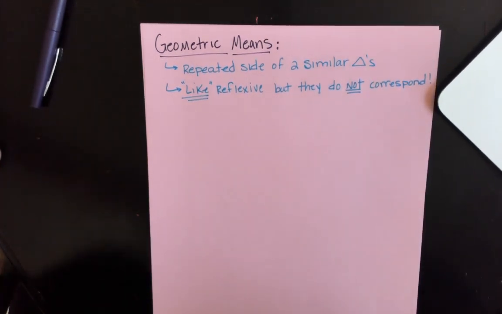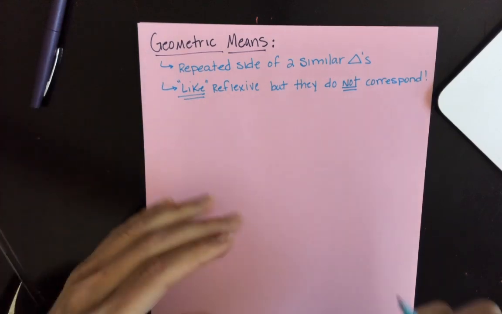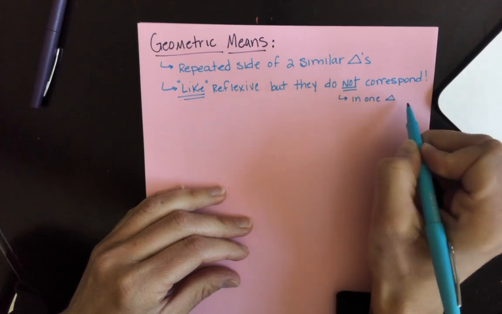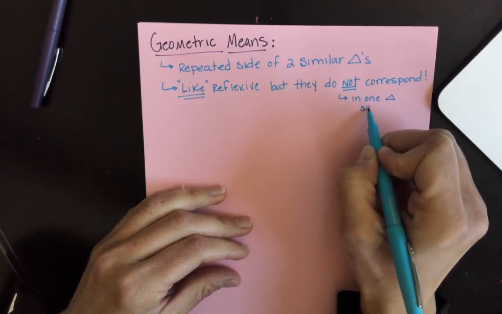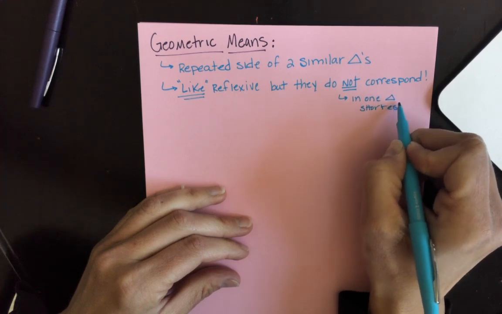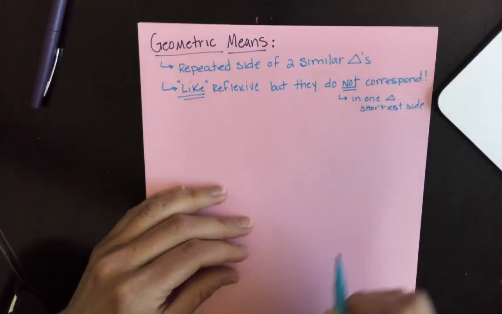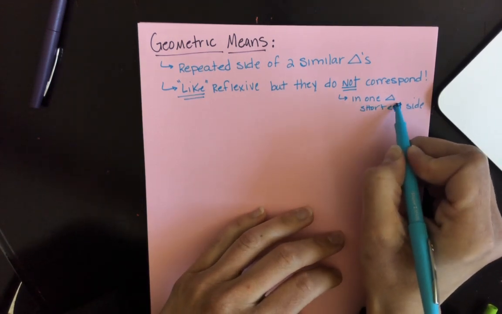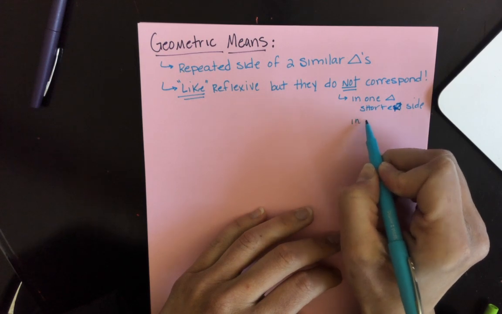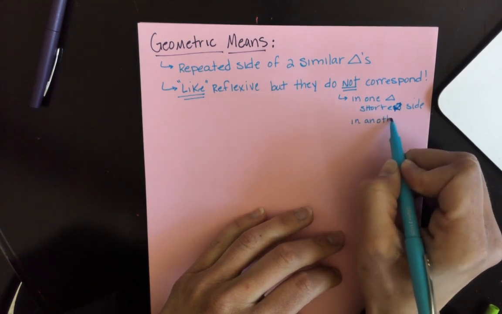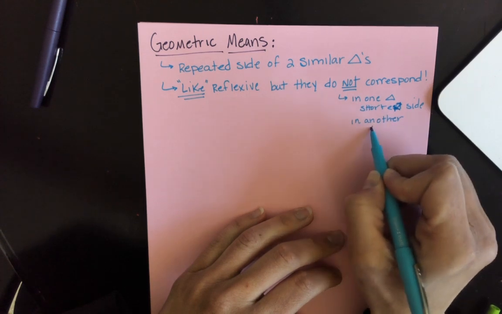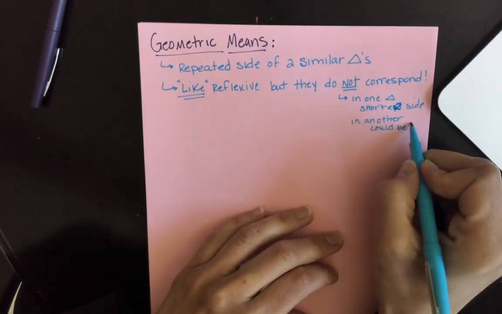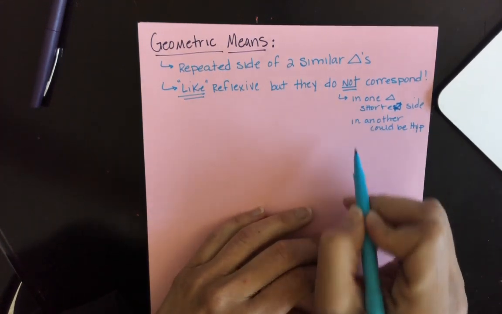Meaning it's not going to match. So in one triangle, in one side it could be a shorter side, and I'll put the ER, a shorter side. In another could be a hypotenuse. They do not correspond.